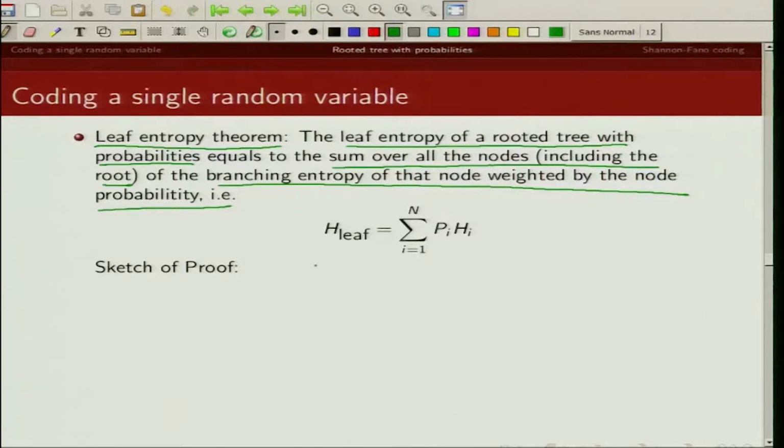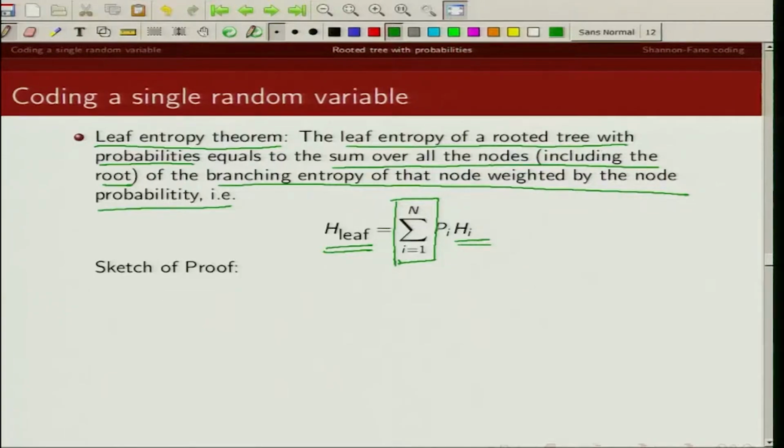So this theorem relates leaf entropy to branching entropy: the leaf entropy is the branching entropy at node i multiplied by the probability of occurrence of that node i, summed over all the nodes including the root node. That's my leaf entropy theorem.